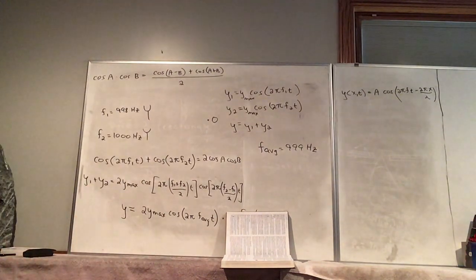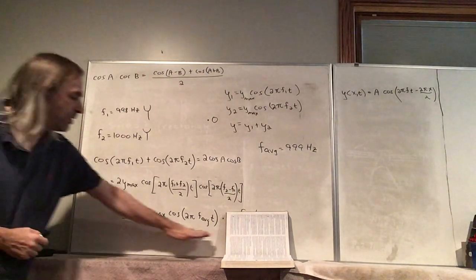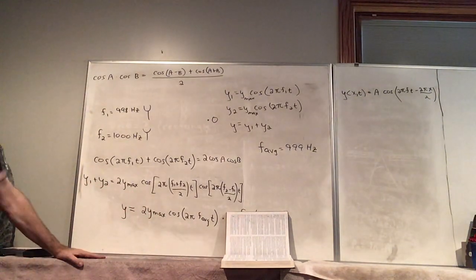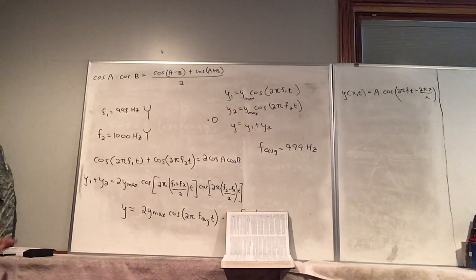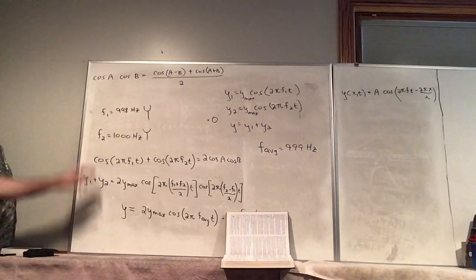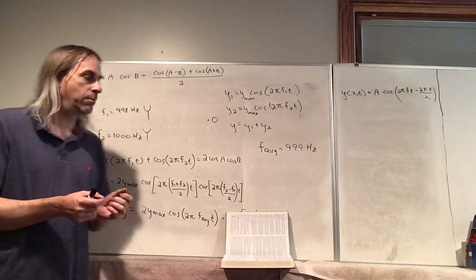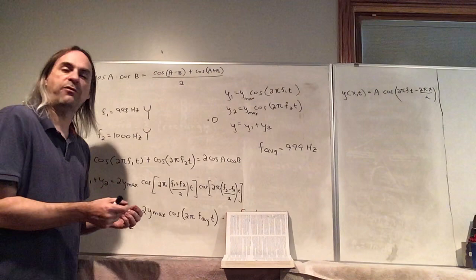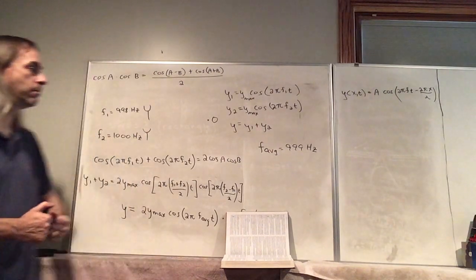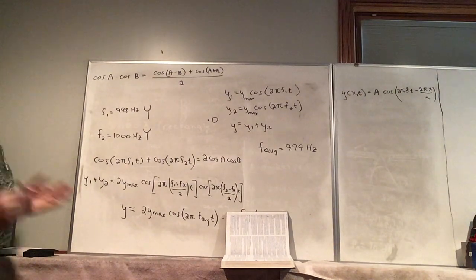And so what we're looking at here, we have these two sources, and this result is telling us that we have the average frequency, but double the amplitude. This is kind of an expected result. You have two sources with the same amplitude, y max. You bring them together, and you get the average frequency and double the amplitude. Very logical, expected. But what about this other term?